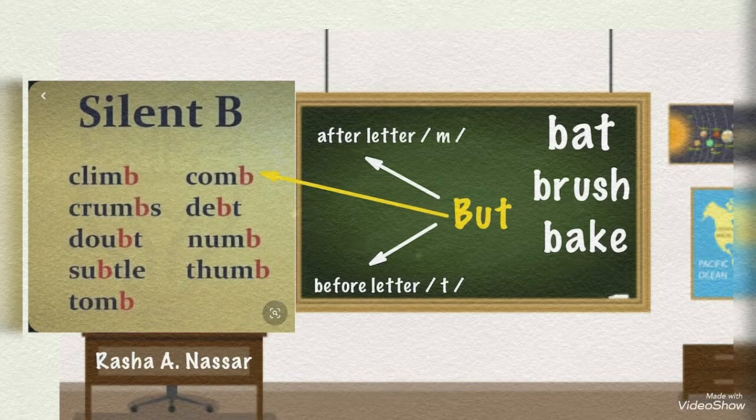So if you see letter B comes after letter M, it will not be pronounced. It will not be read. As in the word climb, I will not read letter B. It will be a silent letter.